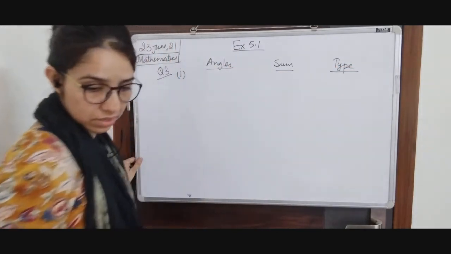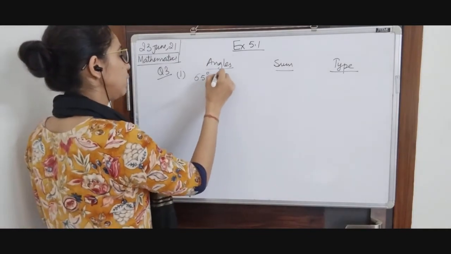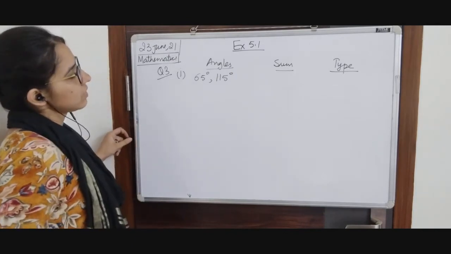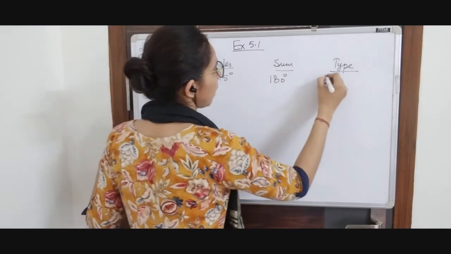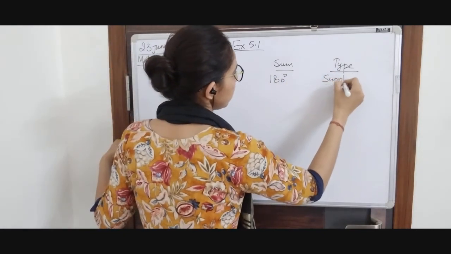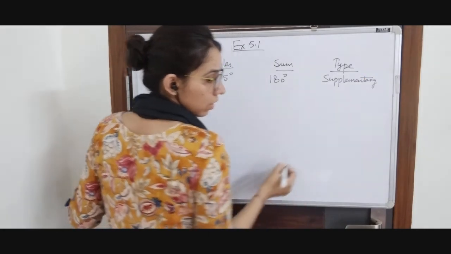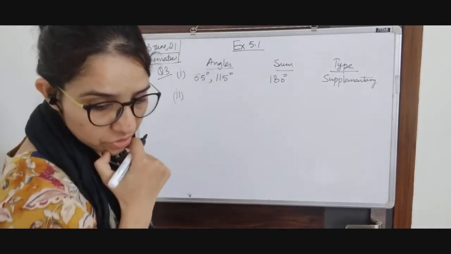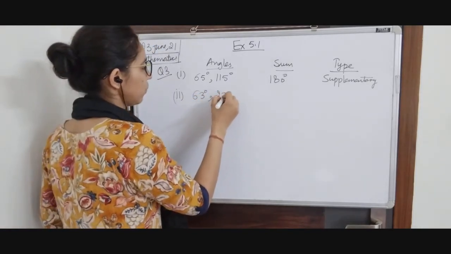Angles are first 65 degrees and 115 degrees. I'll add them. The sum is 180 degrees. So they are supplementary. Next is 63 and 27. 63 degrees and 27 degrees.